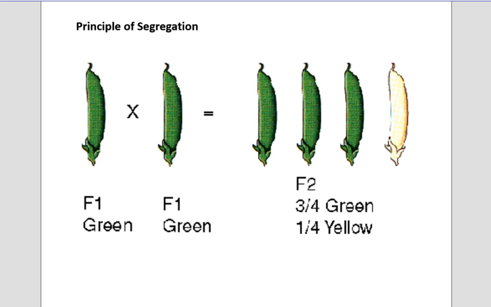Meiosis. So during meiosis, the alleles of a gene will separate. Or another way to say that, the different versions of a gene have an equal chance of being inherited. And so if you have both the dominant and the recessive allele that you're able to pass on, you have an equal chance of passing one or the other. And so in this case, we end up with a yellow pea pod a quarter of the time.